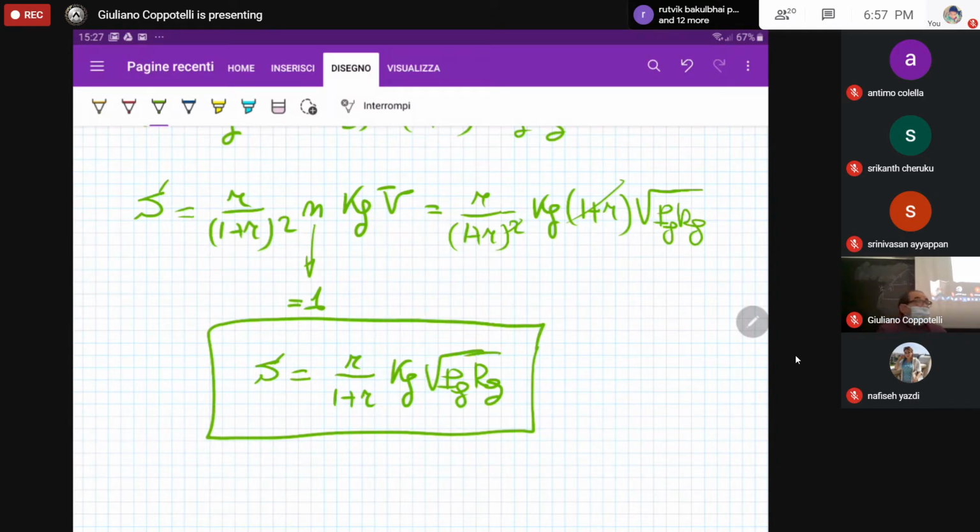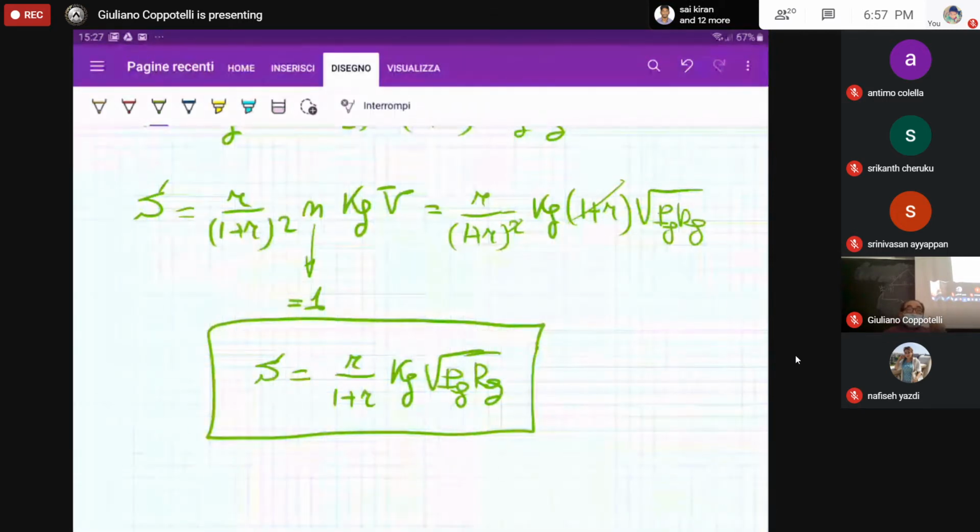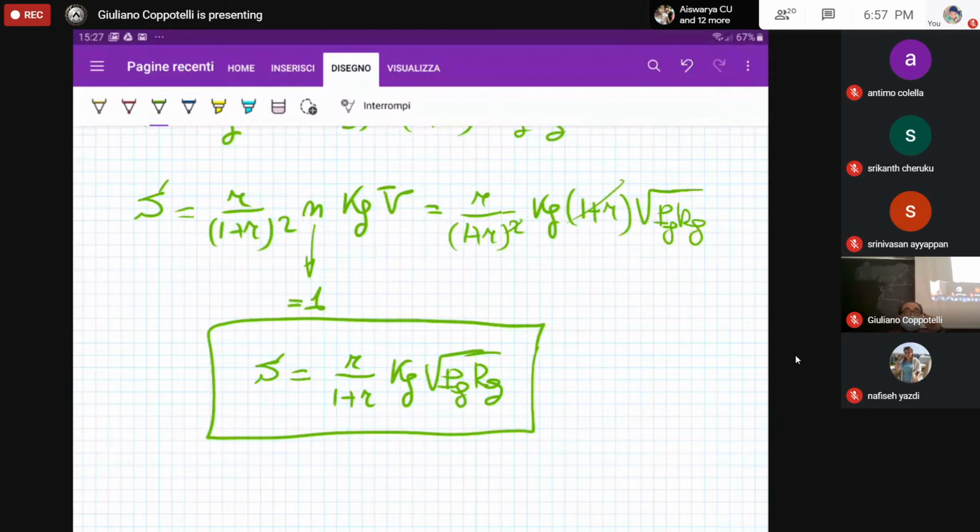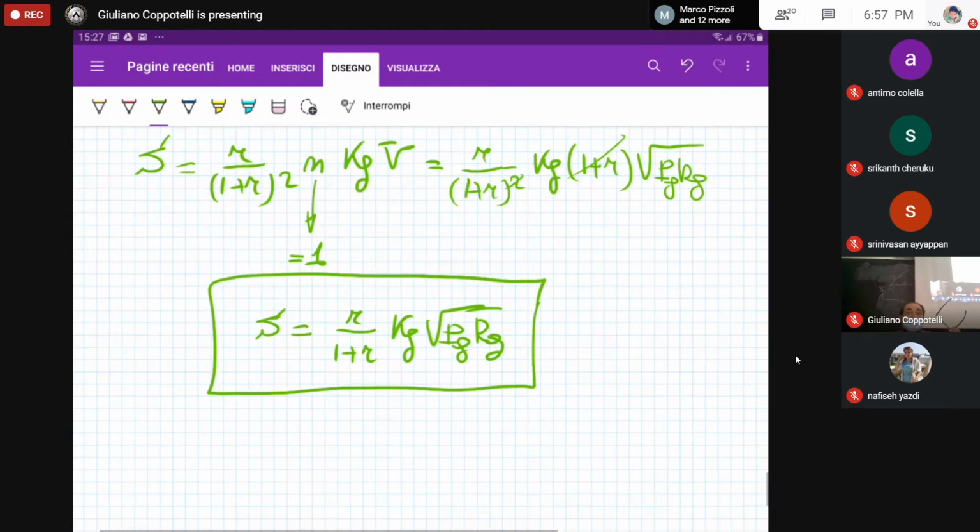So what we found out is that by placing the compensated strain gauge instead of leg 2 on leg 4, we got the same high sensitivity as we got for quarter bridge configuration. And this sensitivity depends just on the circuit efficiency, R over 1 plus R.